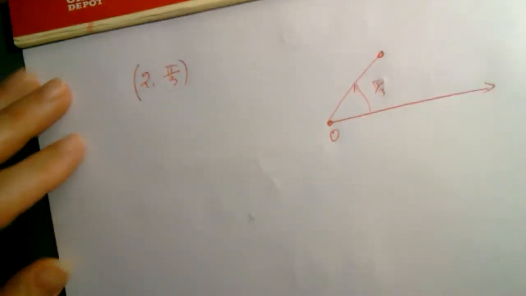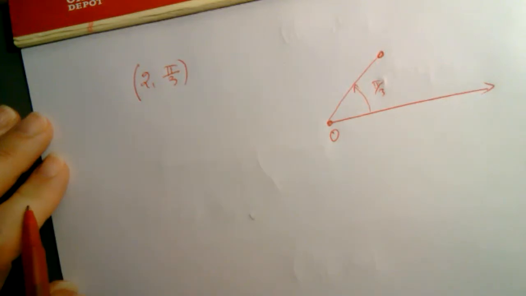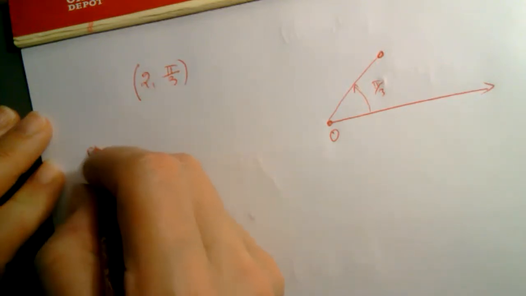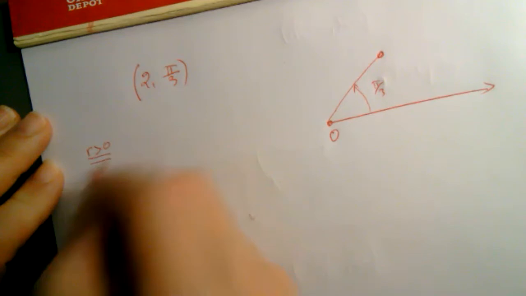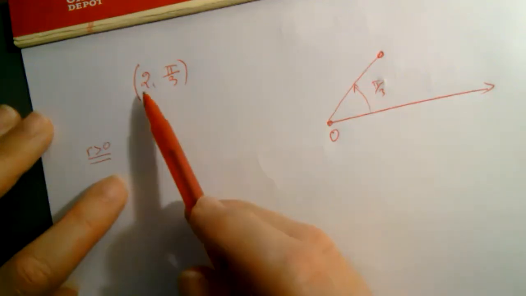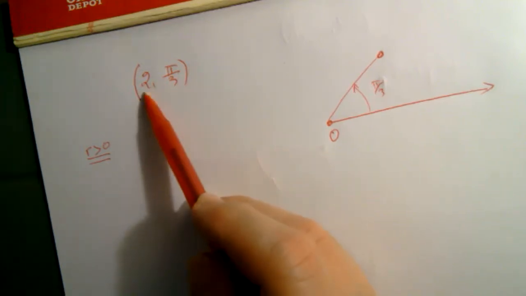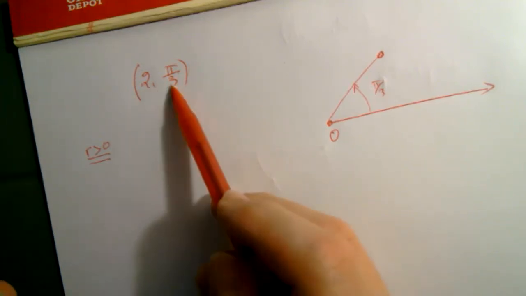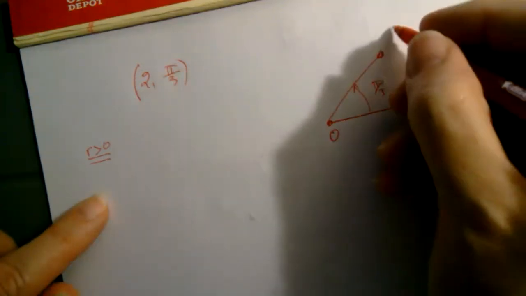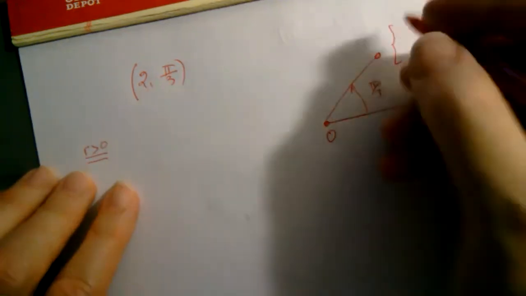My question is, give me 2 other different representations of this point where the r is positive. What do I mean by different representation? The r cannot change because that's a distance basically. Give me 2 other pairs of values that represent the same point.